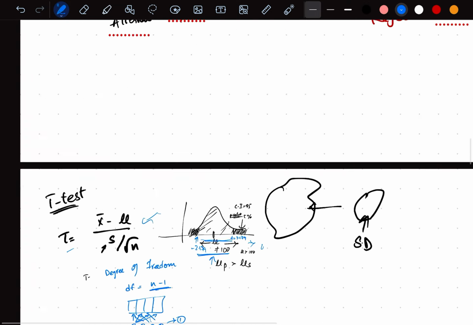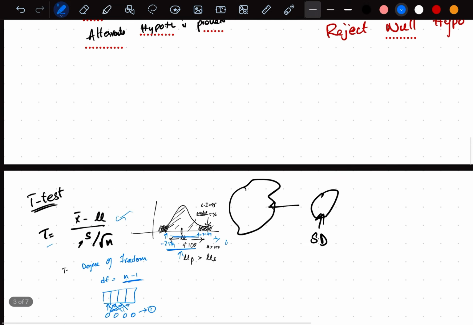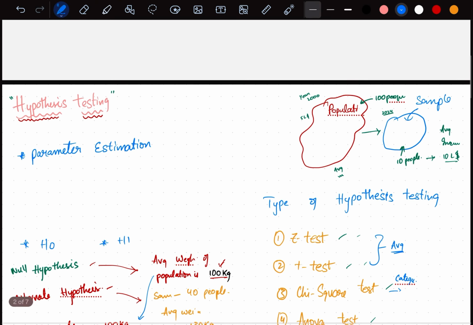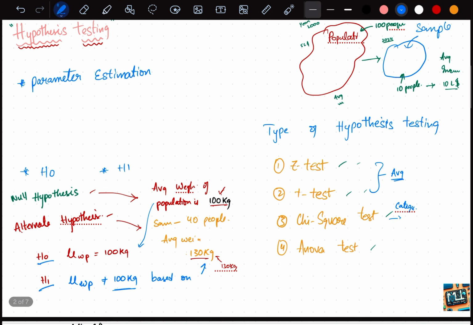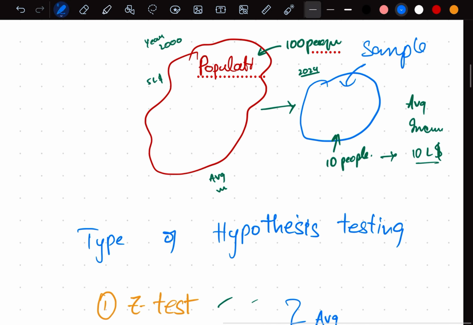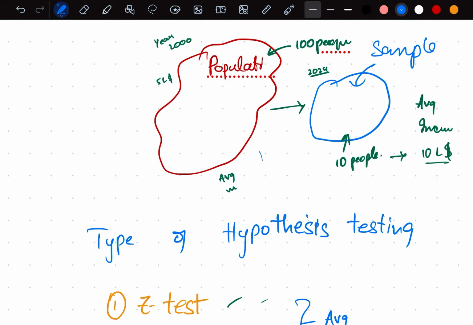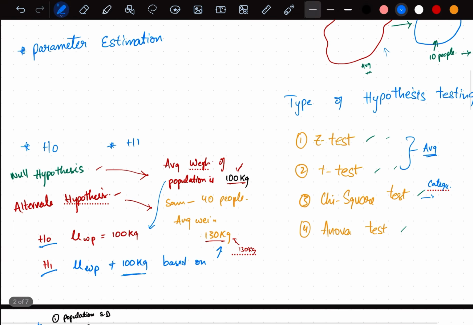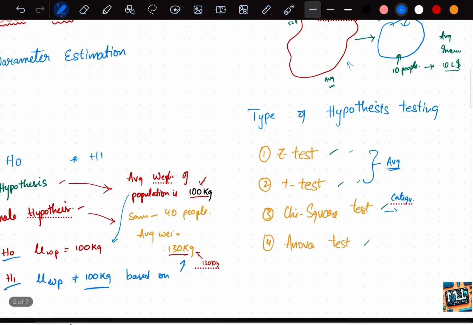And to wrap up, I'll explain what hypothesis testing is, and a little bit of Z-test and t-test, just to give you a glance. Hypothesis testing is nothing but estimating parameters of the population based on a sample. That's a very strong statement, so just try to understand it.